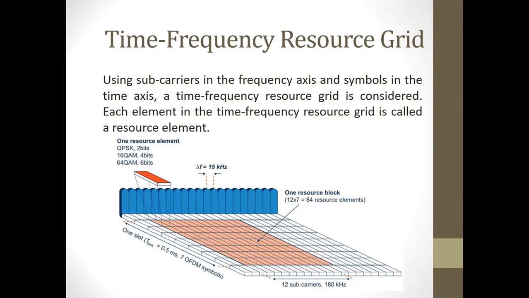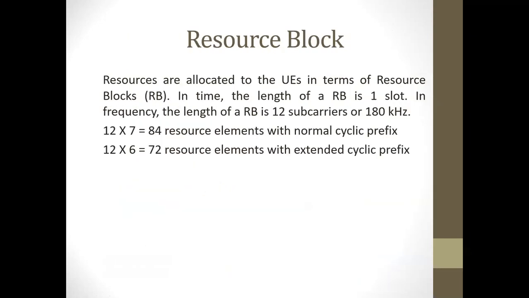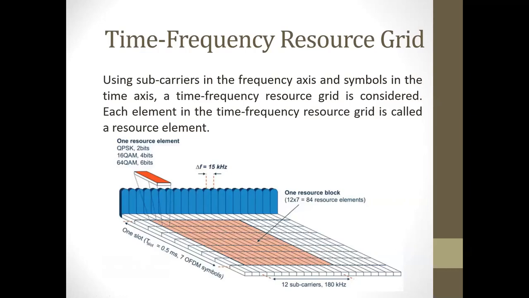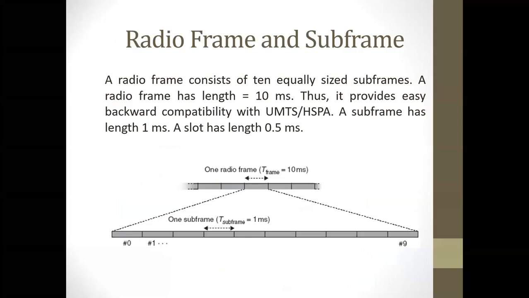So normally you have 7 symbols in a slot, and in some special case you have 6 symbols. I'll tell you later what that special case is. But you keep sending. In the next slot of the same subframe you have again 7 symbols. So in one subframe you have 14 symbols, and this way you keep sending on and on for the whole radio frame. Then the next radio frame will appear.